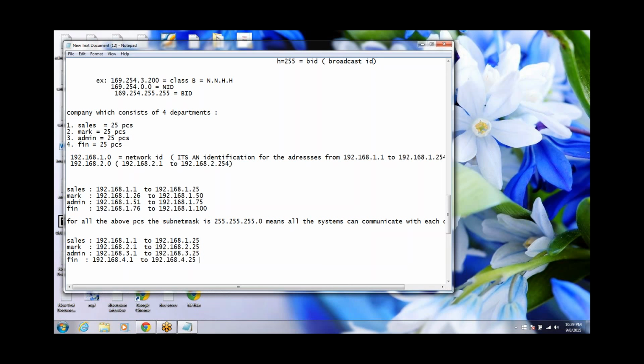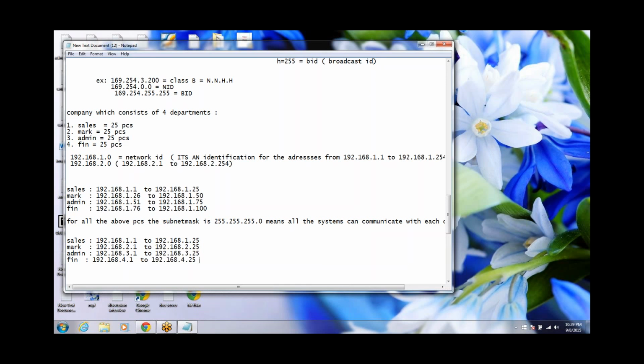So what do you mean by this? One network cannot communicate with another network. Sales cannot communicate with marketing. Marketing cannot communicate with admin. Admin cannot communicate with finance. Why? Because all are in different networks. They cannot communicate with each other here.